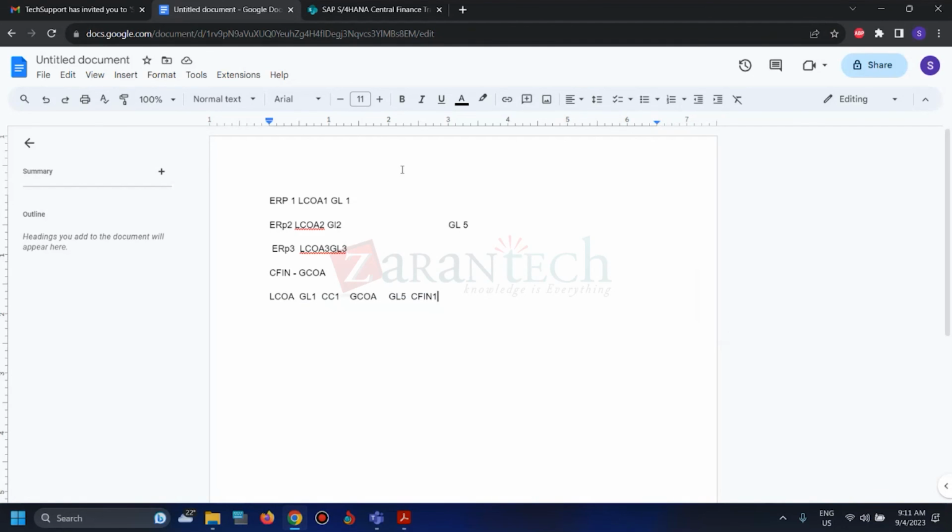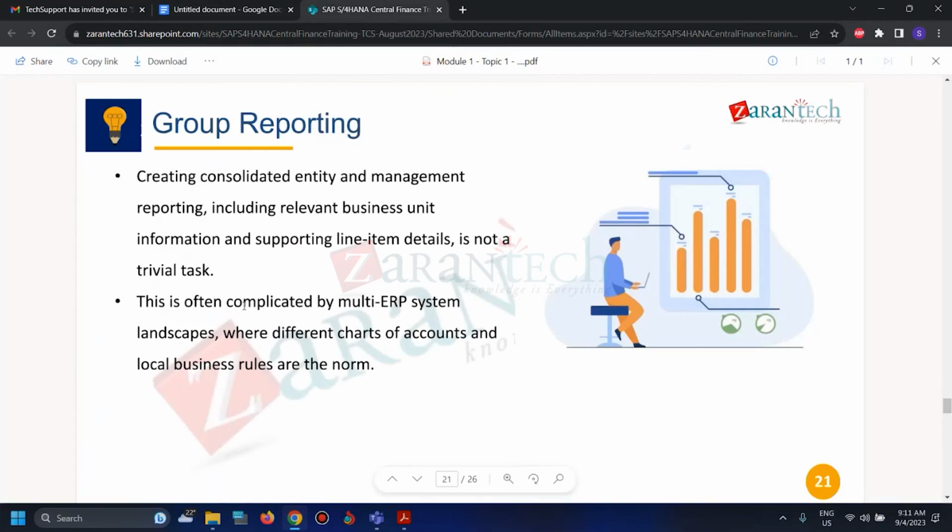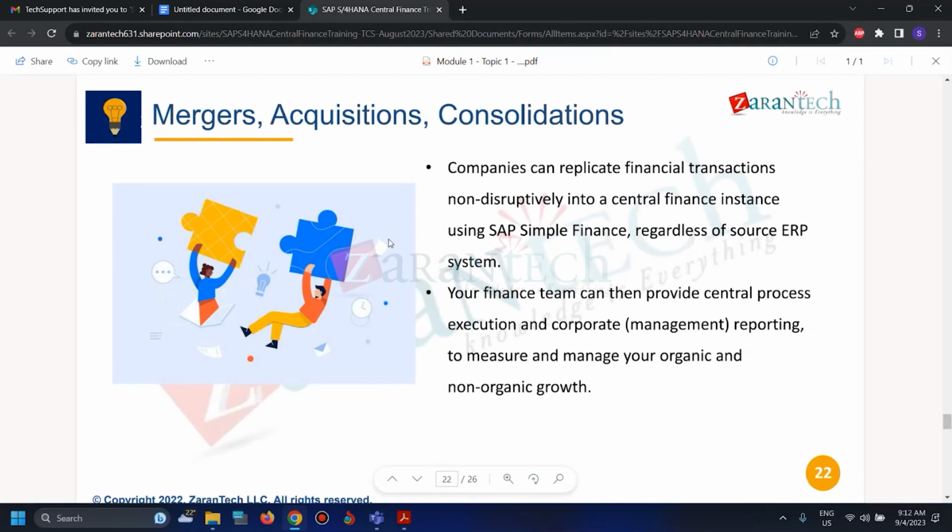You will have the choice to configure how you want the mapping to be done. In a similar way, if any new company code is added, we will map that system's company code and other things to the Central Finance system, and then we can use it.